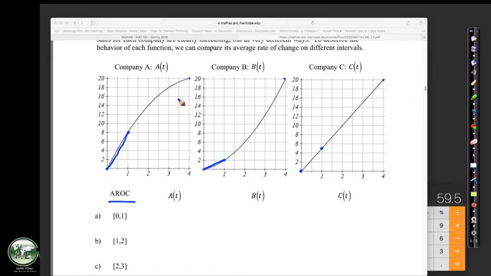You notice they're all increasing, but one of them, this one, what do you think is actually happening to the rate as it gets closer to the top? It's decreasing. It's actually slowing down. How about this middle one, B? It's increasing. So it started off slower and was picking up momentum. And C is just a constant rate.